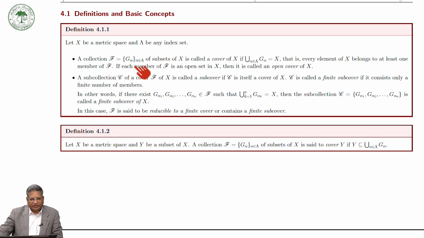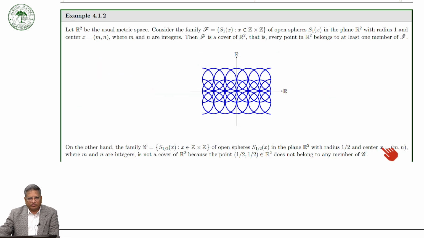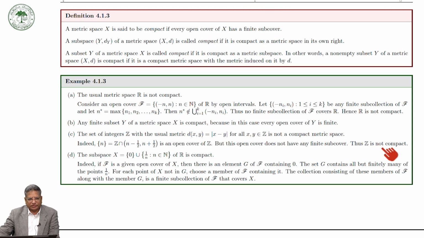Or if Y is a subset of X, then this collection of subsets of X is called a cover of Y if Y is a subset of the union of G alpha. Then we have given several examples and several definitions, and then finally the definition was the compact space.